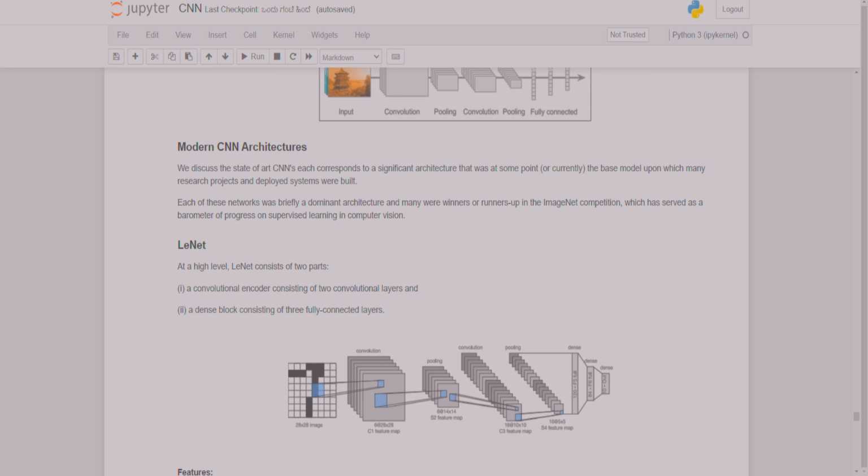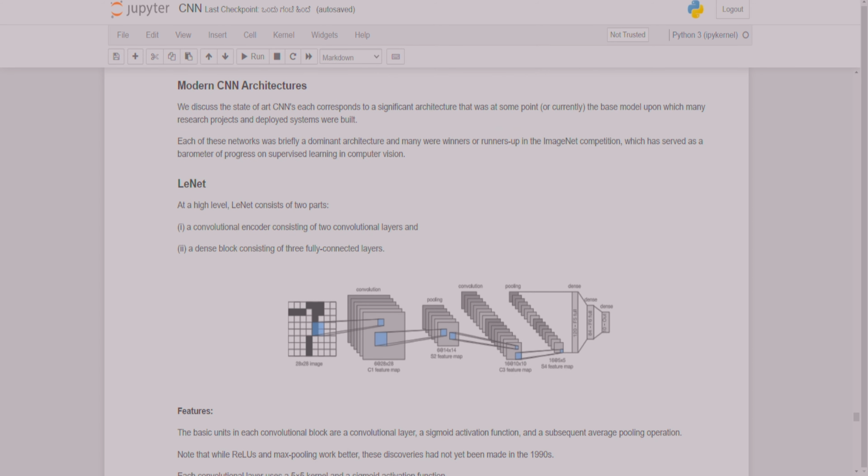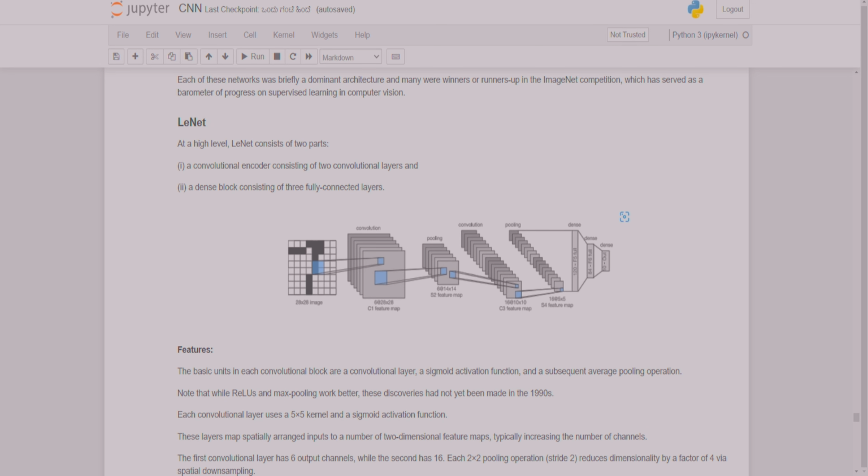Such networks we are going to consider. The first one is called LeNet. Some will call it LeNet as well, it doesn't matter.